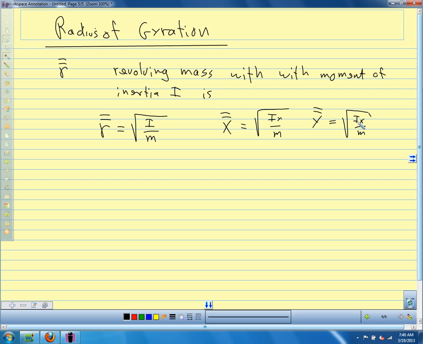So really finding the radius of gyration is not any different than finding the moment of inertia and the mass. Same process, we just have this additional calculation to do. And there are a couple of problems that ask you about the radius of gyration in your homework.